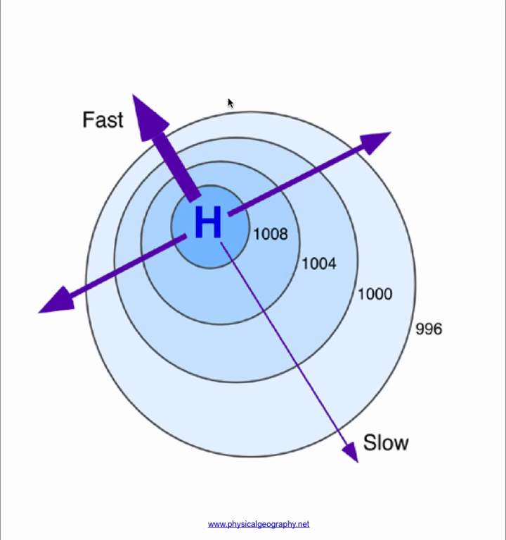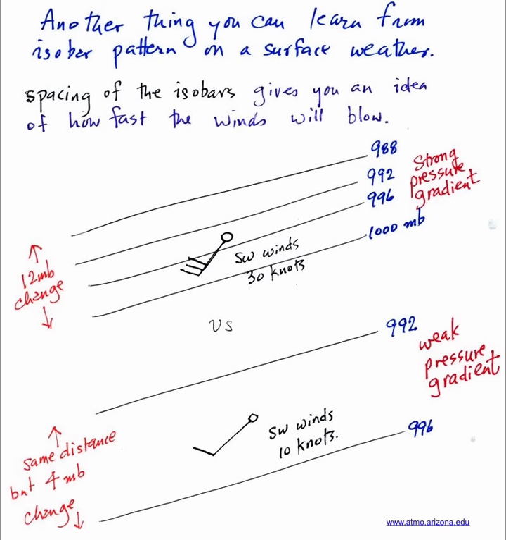Where the lines are closer together, that's a tighter pressure gradient, or you can think of it as water moving through a hose with your thumb over it is going to move a lot faster and at a higher velocity, as opposed to where you have a larger opening for fluid to pass. So that's what this diagram's showing you, fast or high speed wind as opposed to low.